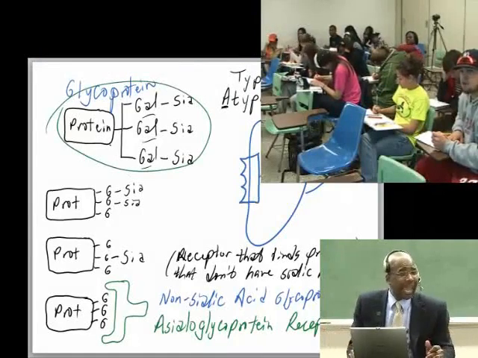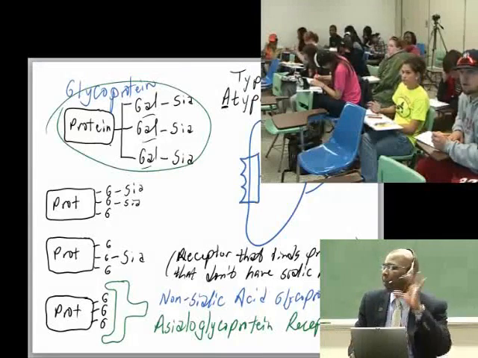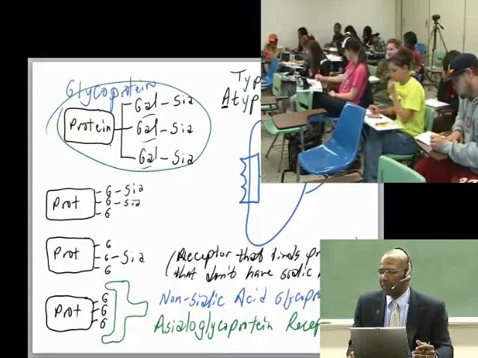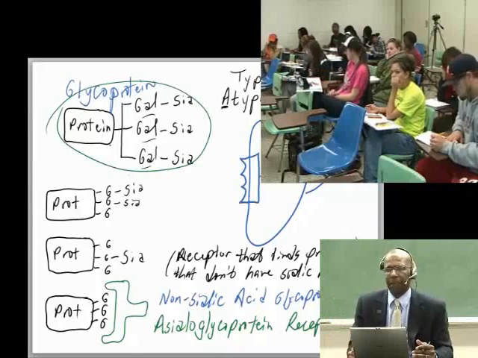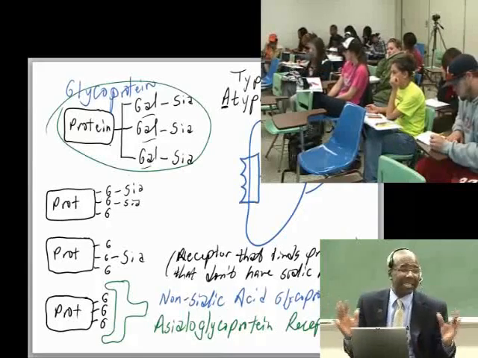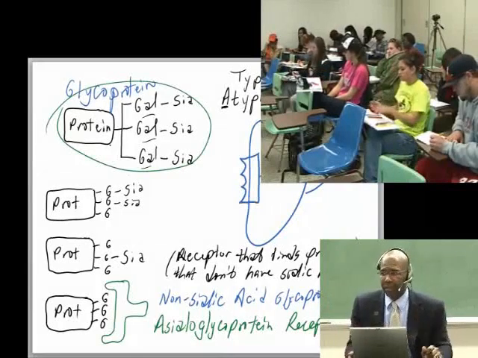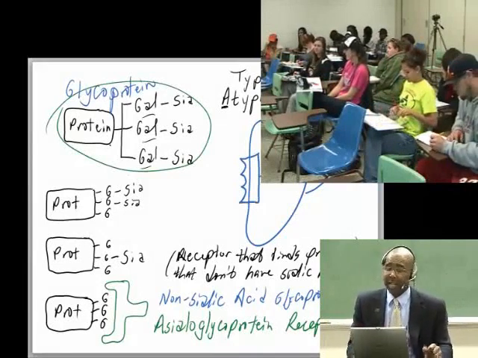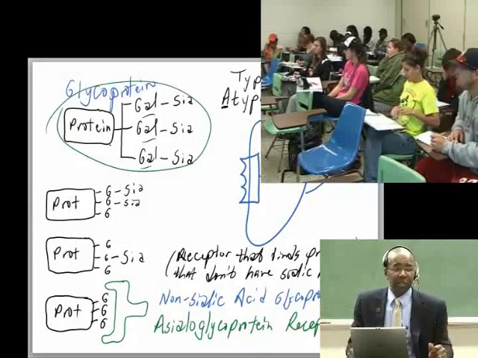Exactly, because it has sialic acid on it. And the sialic acid is going to block its attachment to the rest of the glycoprotein. Does that concept make sense? That's the last thing I have to teach you about this test. Unless you all have questions, we're going to wait for questions.